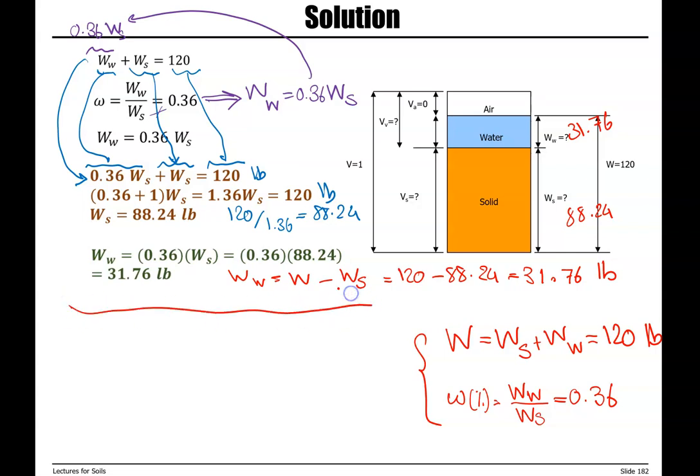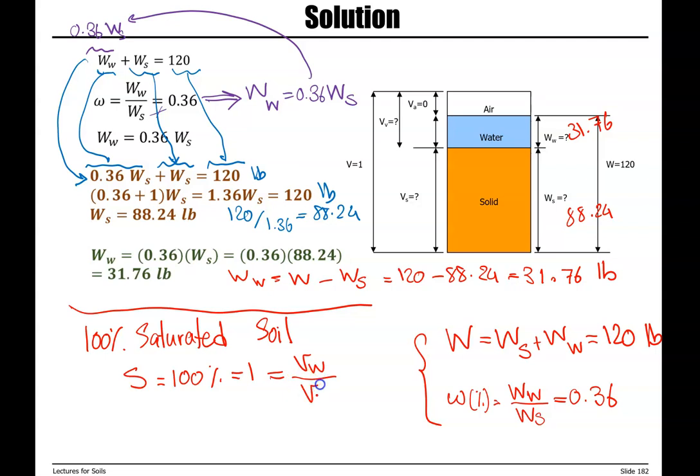So now we go back to the question. We have 100% saturated soil, which again means S is 100% or 1, and saturation is volume of water divided by volume of void.